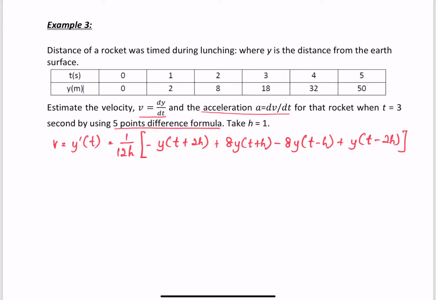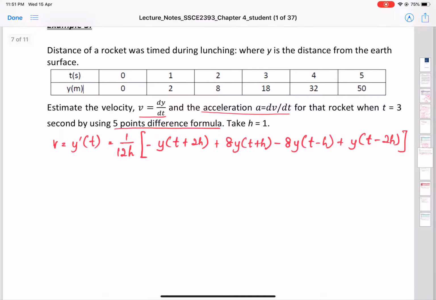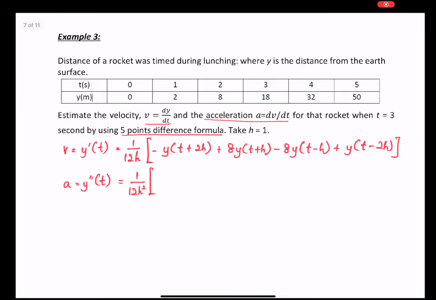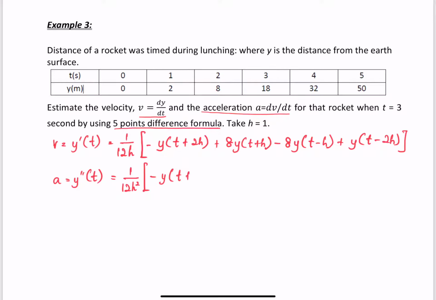To find the acceleration a, which is y double prime t, the second derivative, you need to use the 5-point difference formula. It is given by 1 over 12h square times minus y(t plus 2h) plus 16 y(t plus h) minus 30 y(t) plus 16 y(t minus h) minus y(t minus 2h).